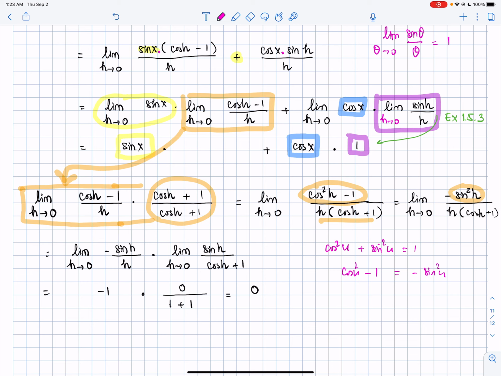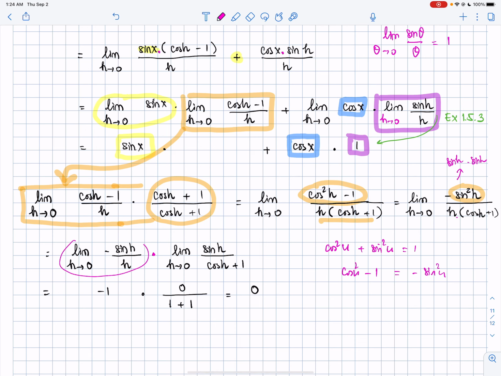Okay, and we separate the sine squared of h: sine squared of h is sine of h times sine of h. So it's multiplied, so we separate them. We separate the multiplication on the top, and on the bottom we separate the h and the cosine h plus 1. So we see this again, right?